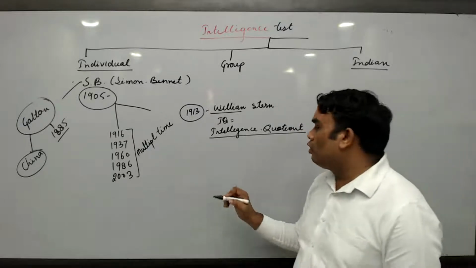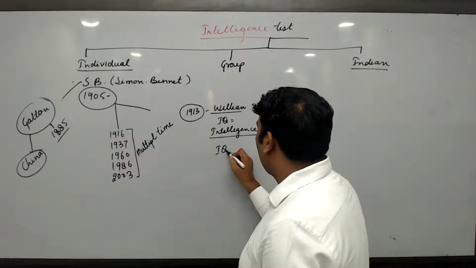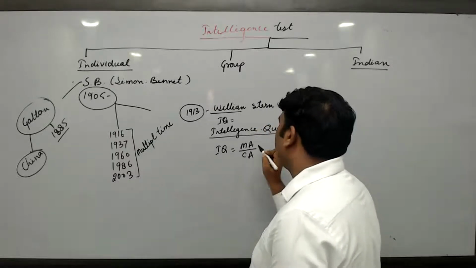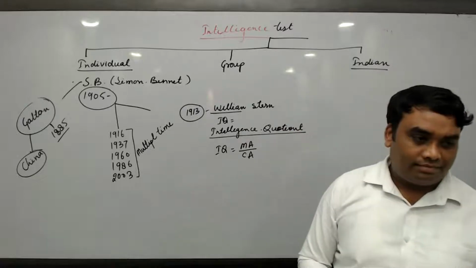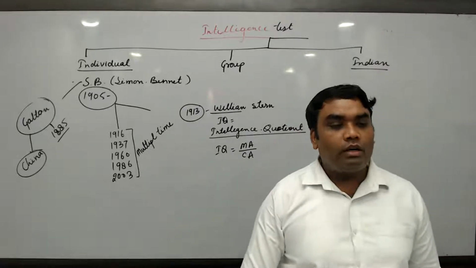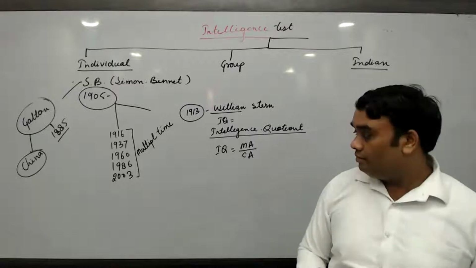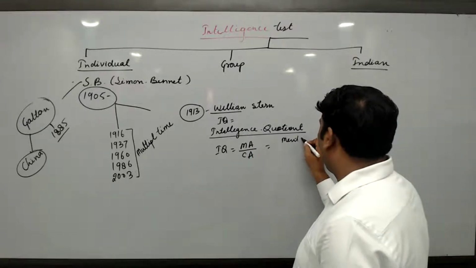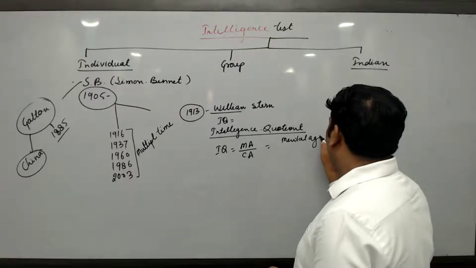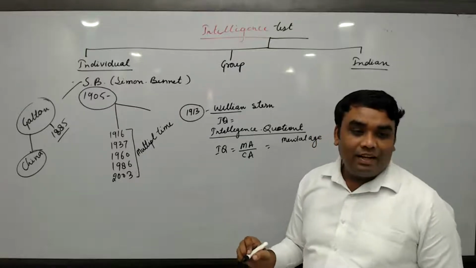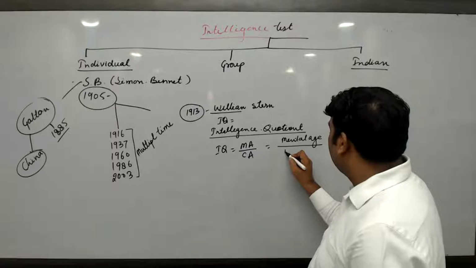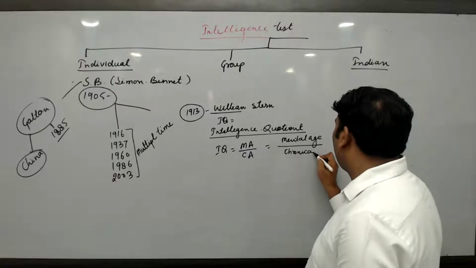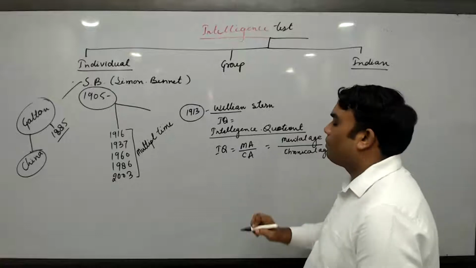So what was the IQ concept? IQ is equal to mental age upon chronological age. Mental age means the age of our mind, and chronological age means our biological age.